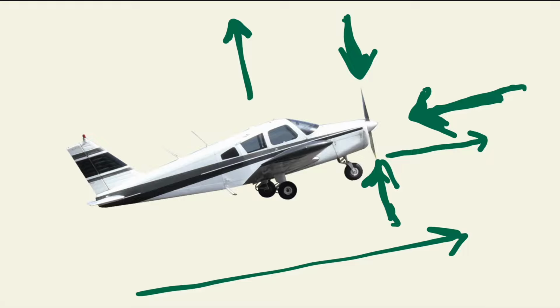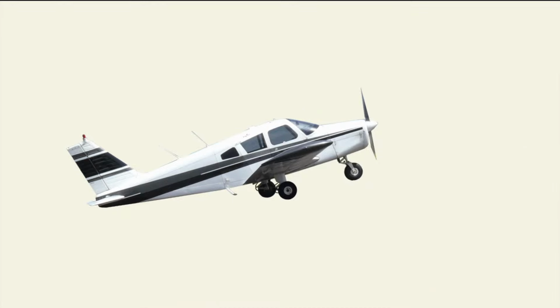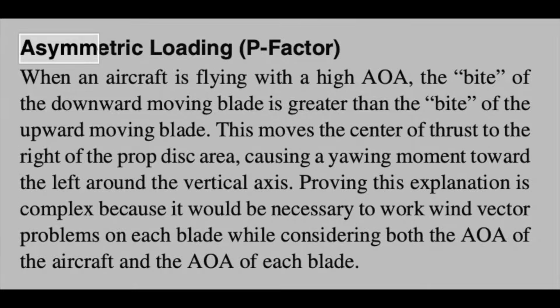I don't know. What I do know is that the PHAK doesn't mention anything about angle of attack when discussing asymmetric thrust, at least in terms of the differences in the angle of attack of the ascending propeller blade and the descending propeller blade.